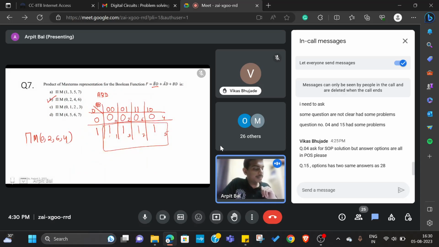Then we have the product of max terms. We have the Boolean expression given, we draw the Karnaugh maps, okay, and we mark the bits in the min term, and whatever is left, that is the max term, okay. And as I mentioned, while using the Karnaugh maps, make sure that you have marked the indexes like this.